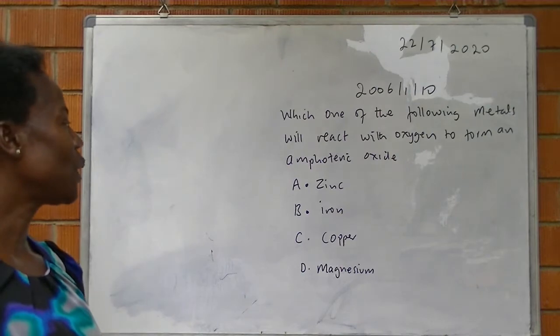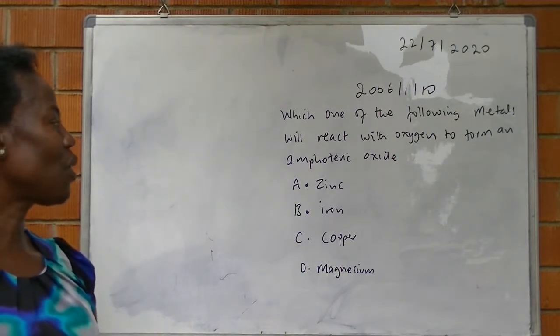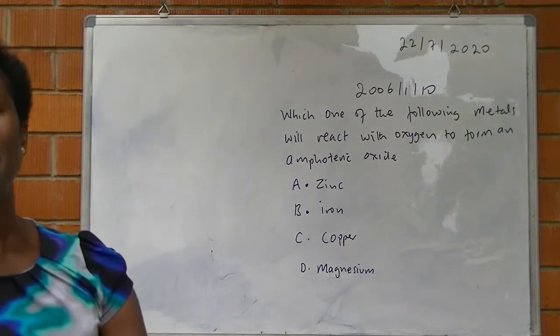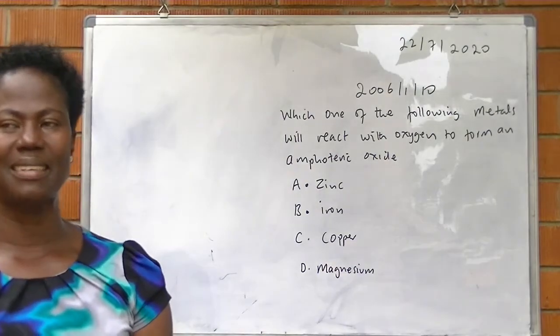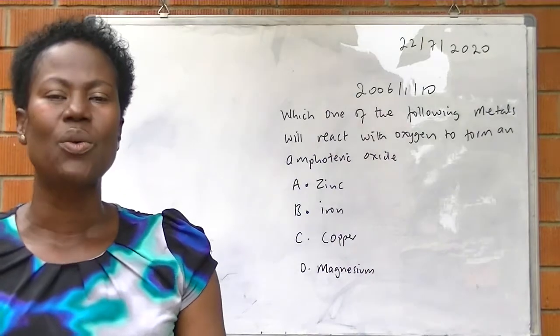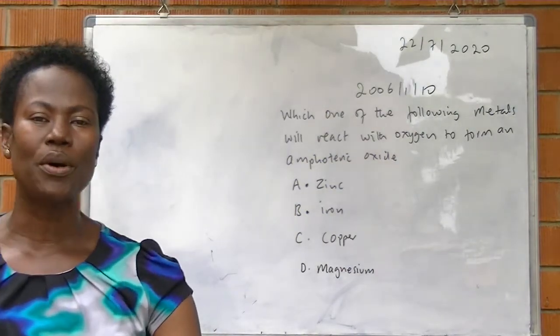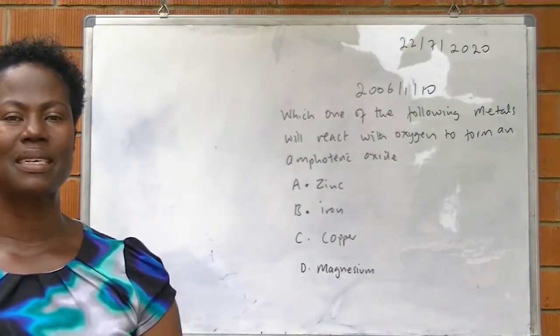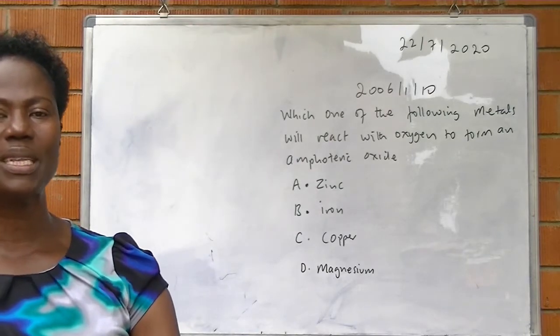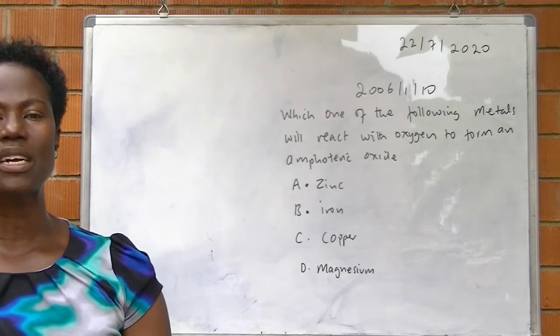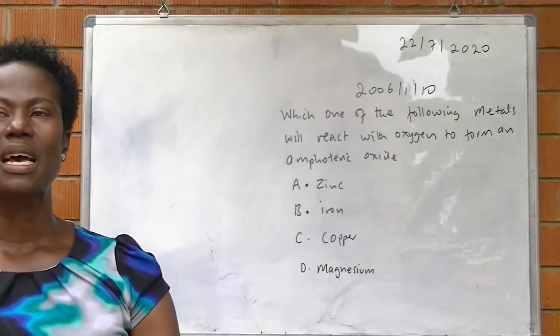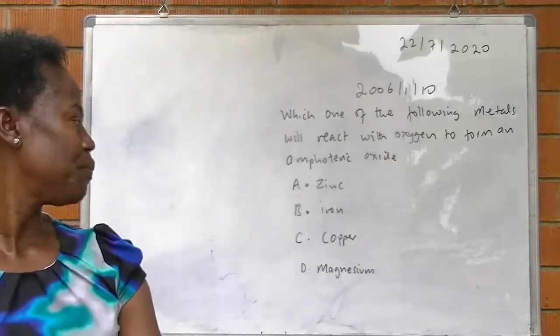Another example is from 2006, number 10, paper 1. Which one of the following metals will react with oxygen to form an amphoteric oxide? What are amphoteric oxides? These are oxides which show both acidic and basic properties. They react with an acid to produce a salt and water. They also react with a base to produce a salt and water.